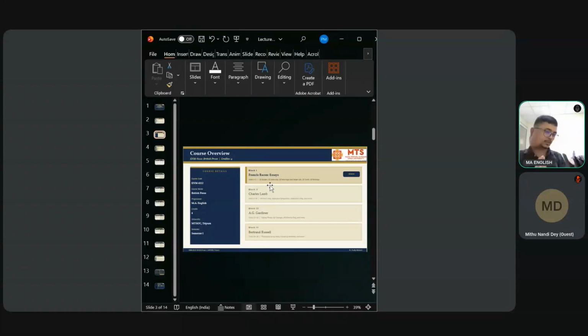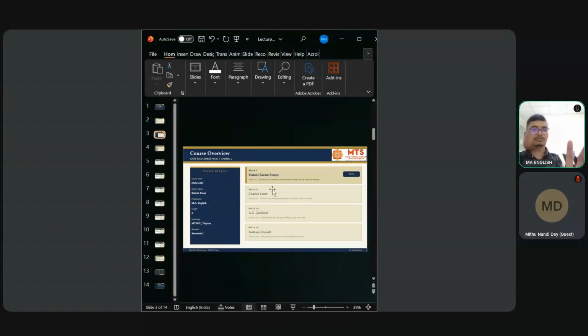Now, this is the overview of this course, ENM 6112, that is British prose. So there are 4 blocks. The first block deals with Francis Bacon's essays, the second block deals with Charles Lamb, the third block deals with A.C. Gardiner, and block 4 deals with Bertrand Russell.